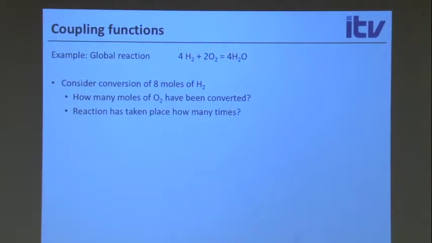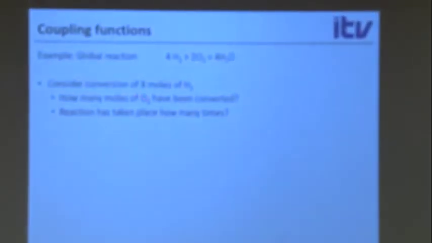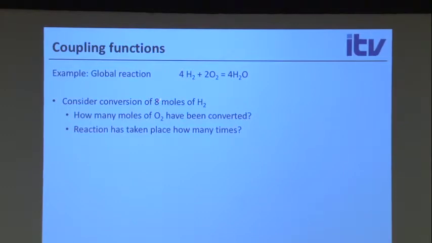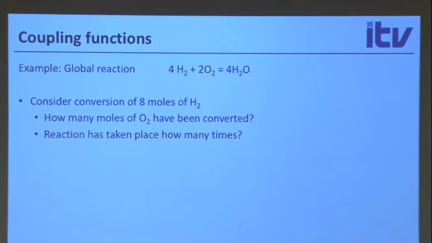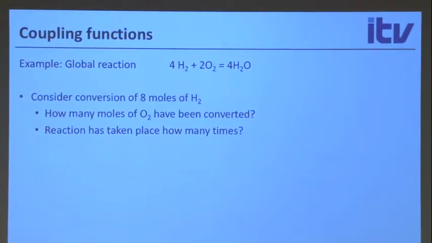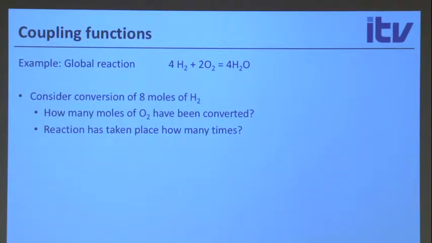And the other question is, how many times does the reaction have to take place? If I want to convert 8 molecules of hydrogen, how many times does the reaction have to be executed? 4 times? 4 times 4 would be 16.